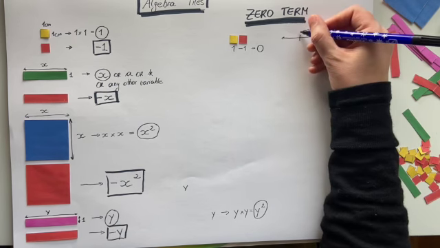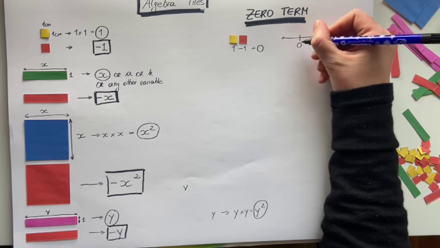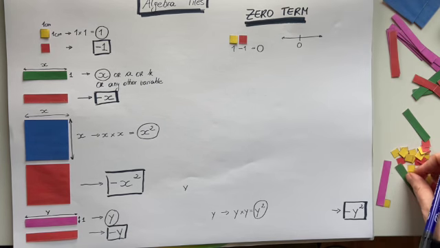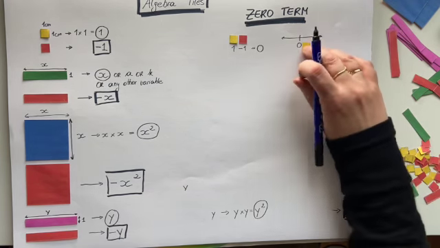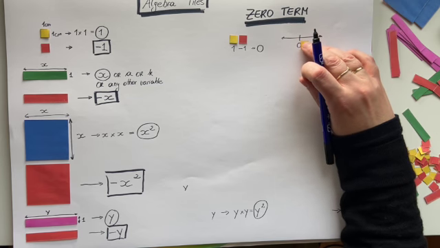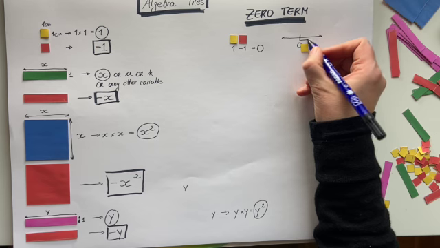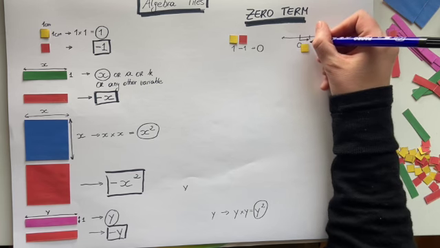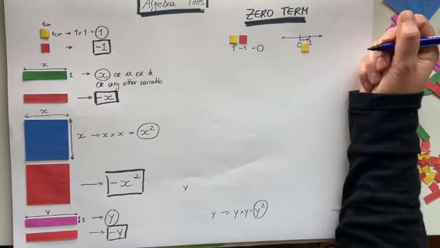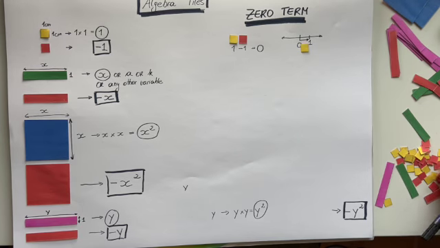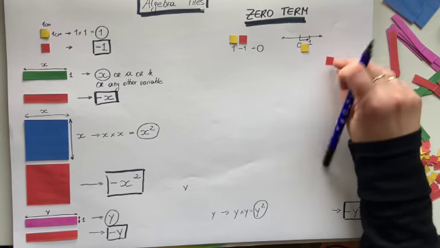and we have the 0 here, to this 0, we add a 1, meaning that we're going to move 1 step to the right, ending up at 1 here. And then we're going to add a red 1.